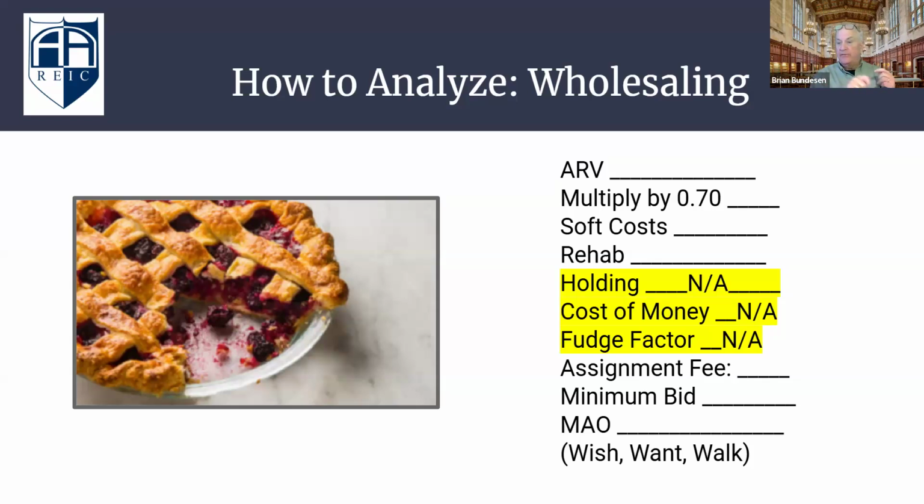Others do. You decide what you want to do. Do you want to estimate the rehab costs, because ideally you've had eyes on the property and the investor has not?